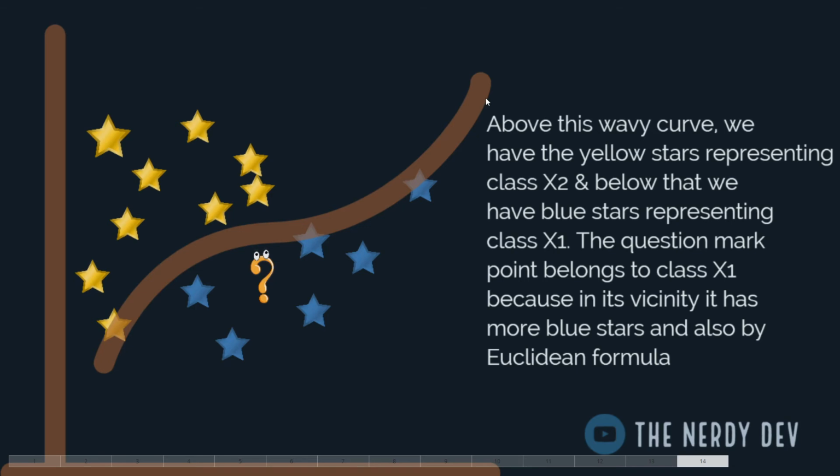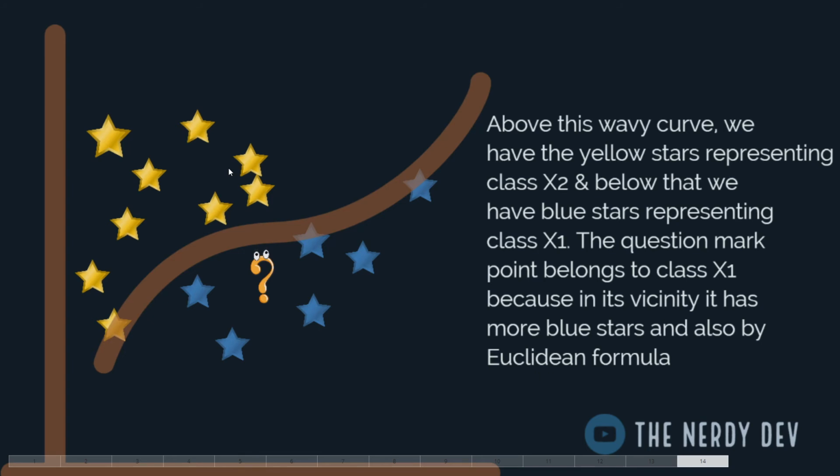On the basis of this wavy demarcation boundary, we can say that if a point lies on this side of the boundary, which is above this wavy boundary, then it belongs to class 1 represented by yellow stars. Otherwise, if it lies below this wavy decision boundary, then it belongs to class 0 represented by blue stars.